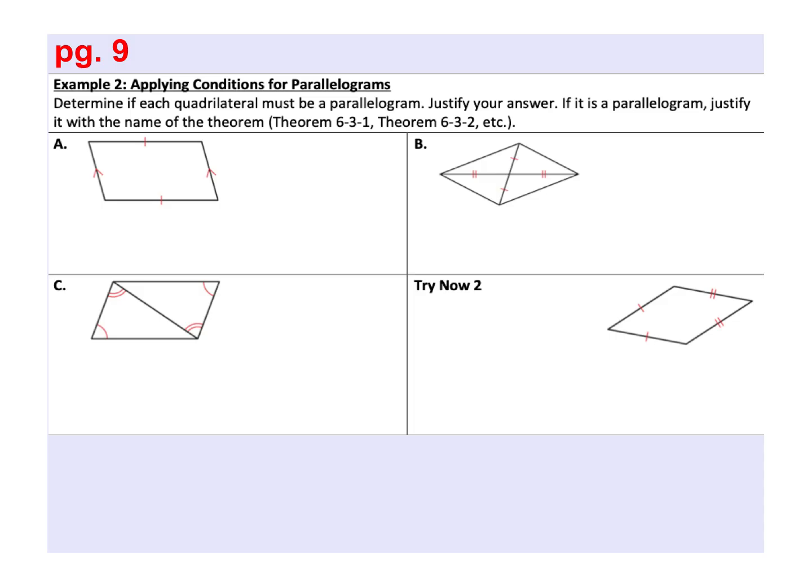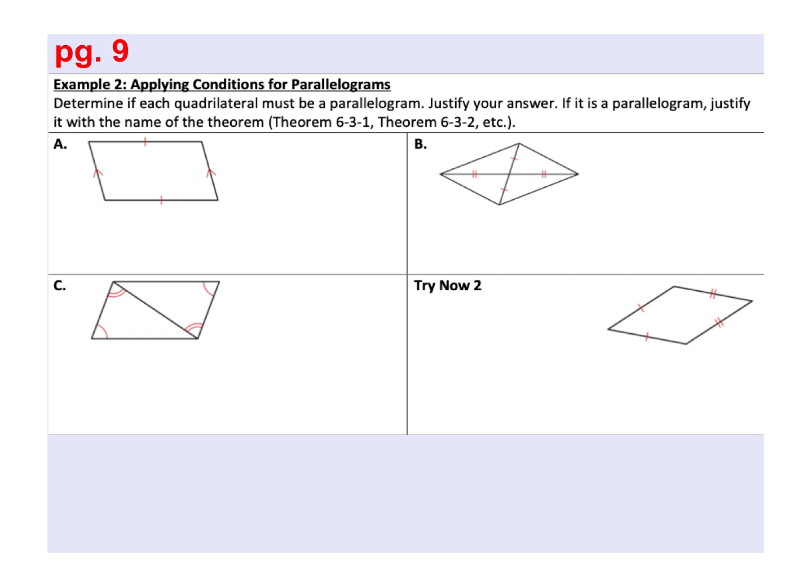For this next example, we're going to apply the conditions that you filled out at the beginning of the lesson, that's the 5 theorems, to determine if each quadrilateral must be a parallelogram. The quadrilaterals all have markings on them. Congruent sides, congruent angles, parallel sides. We want to see, is this enough information for us to conclude that the quadrilateral has to be a parallelogram?